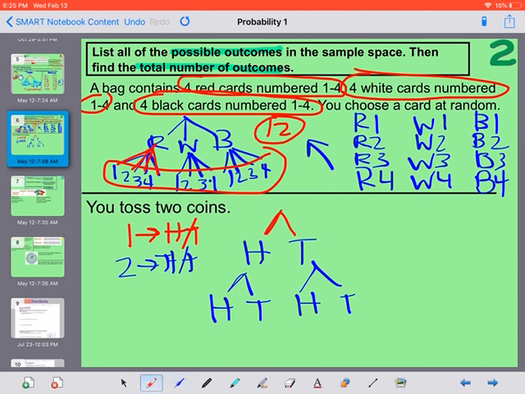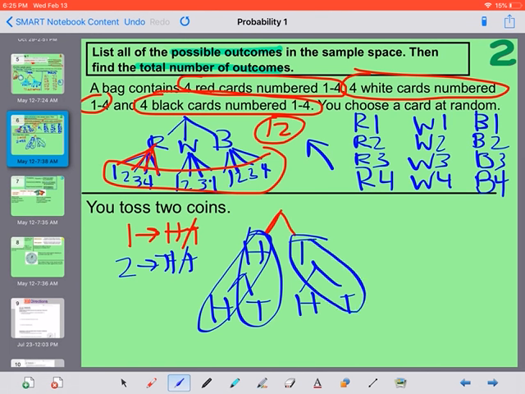So if we list these out, though, this is where we need to be careful. If you're tossing them at the same time, you could get heads and heads or heads and tails, or tails and tails. If we go tails and heads 2 times, if we list these out, I'm just going to list heads, heads, heads, tails.